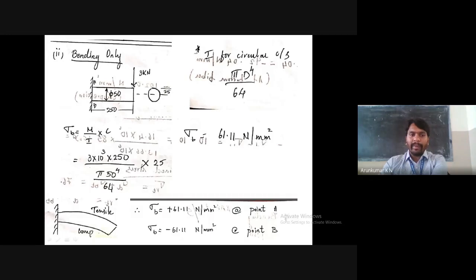To find the bending stress at the top, at point A, M by I into C1. To find the bending stress at the bottom, M by I into C2. Here C1 and C2 are symmetric, so sigma BT and sigma BB at top and bottom remain the same, but the sign will be positive at the top and negative at the bottom.